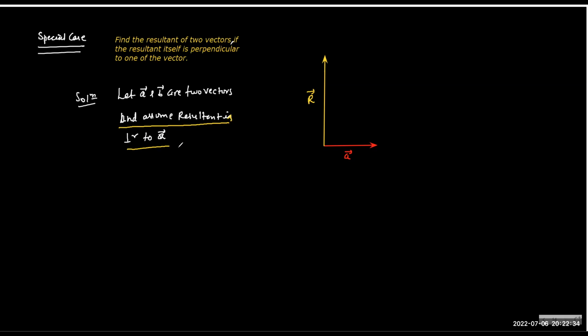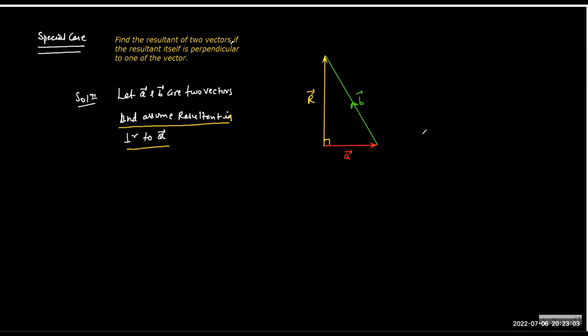Can I draw this diagram as of now? For this much information, we can draw up to this much. Now tell me how the B vector should be. The B vector has no choice but to begin at the end of A and end at this point, because if R is the resultant, A and B must be like this.